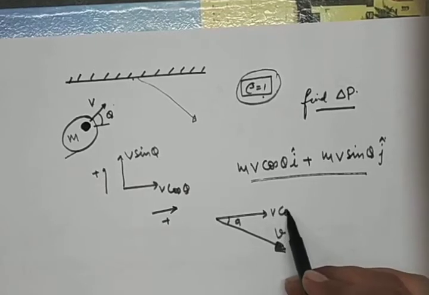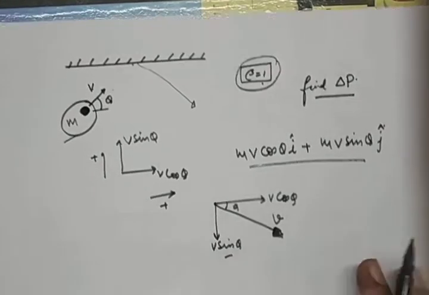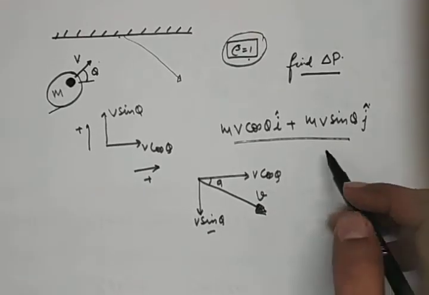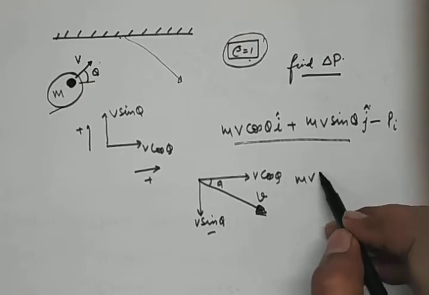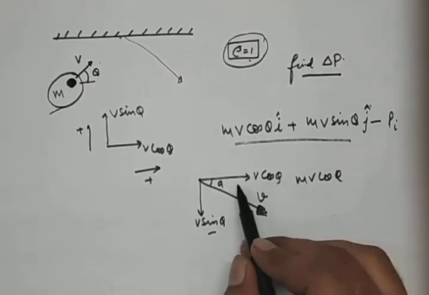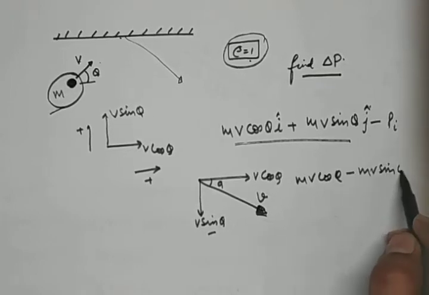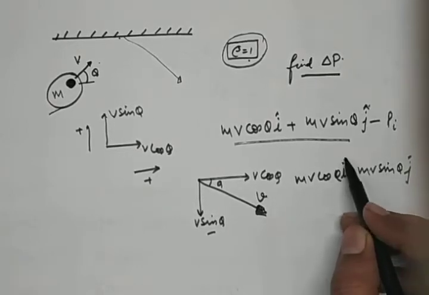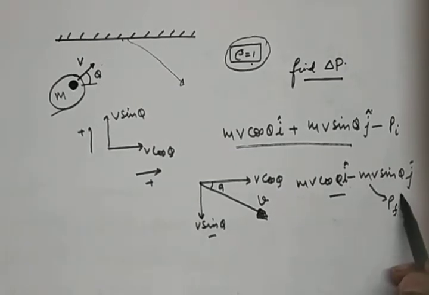This will be v cos theta and this will be v sin theta. So the final momentum is mv cos theta i cap, because it is acting in this positive axis, minus mv sin theta j cap. This will be PF, final momentum.